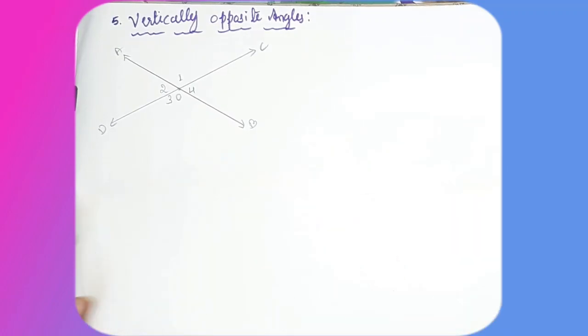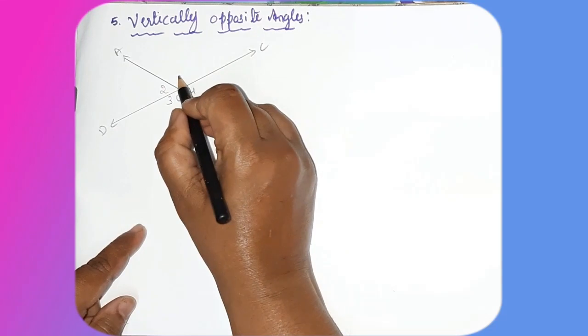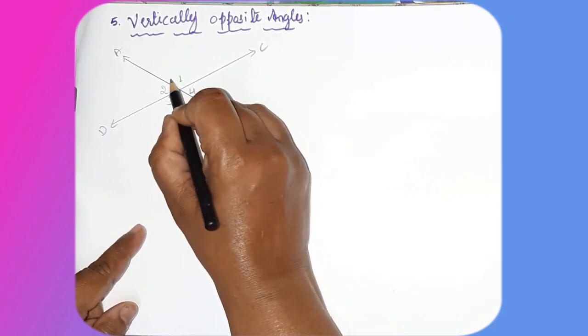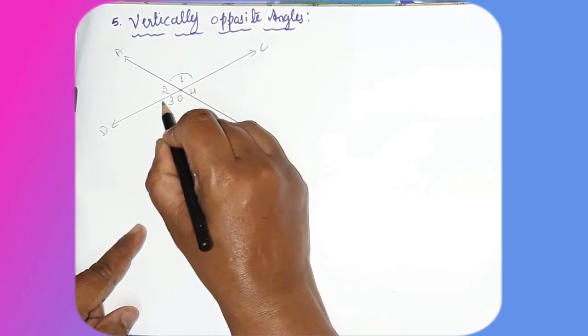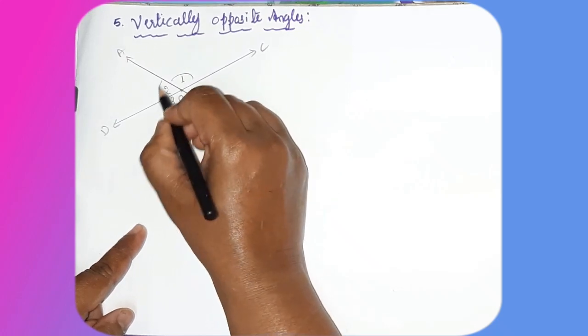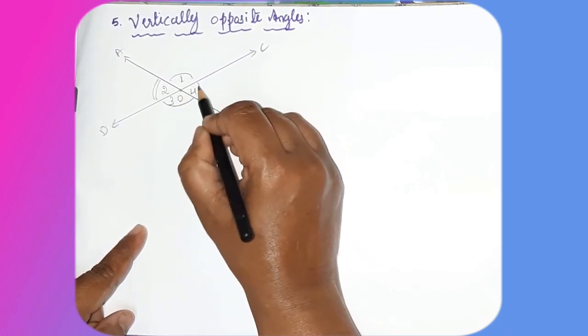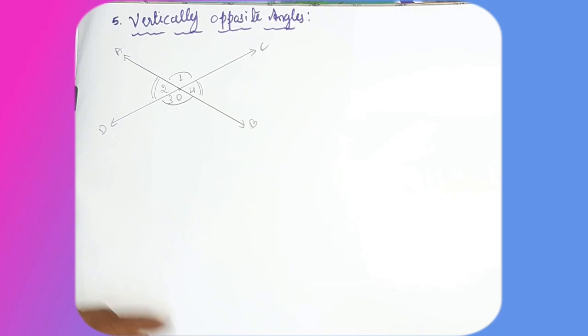Anyhow, when two lines intersect each other, there is formation of four angles. The opposite angles: angle 1 is equal to angle 3, angle 2 is equal to angle 4. These angles are called vertically opposite angles.